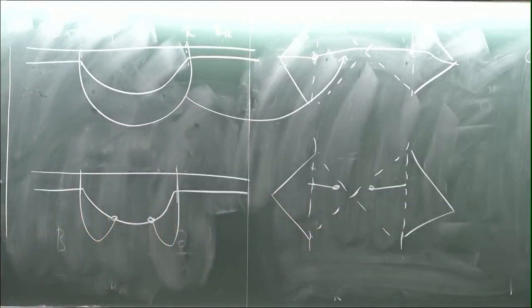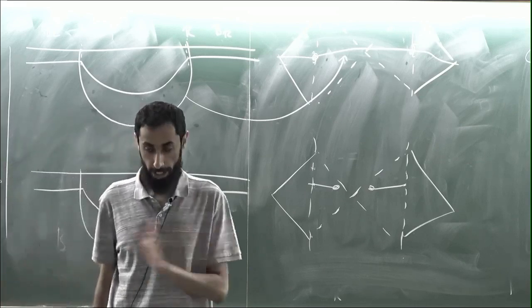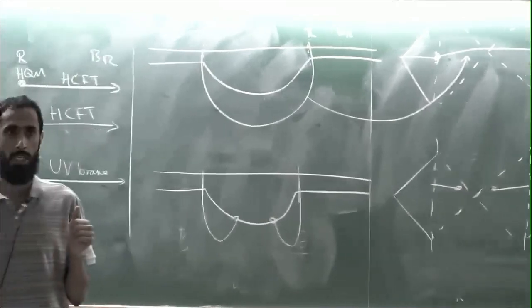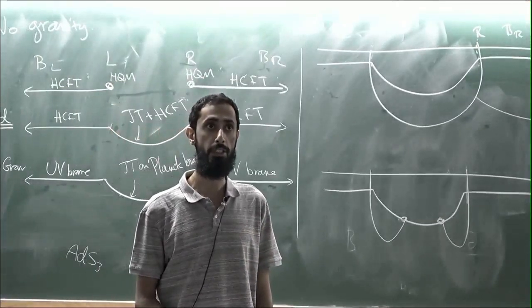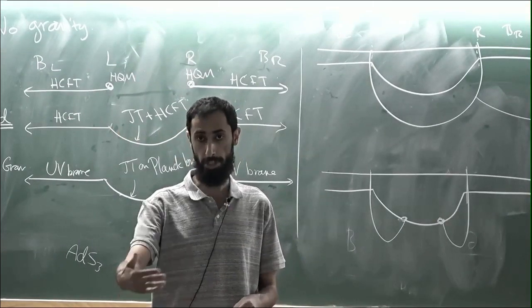There was a question: can you say why it is allowed to end on the defect? I'm going to give another argument soon, but I can say two things maybe. First, in some sense you're supposed to look for all surfaces that are homologous to the boundary.